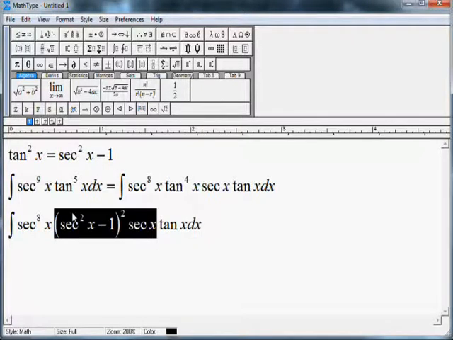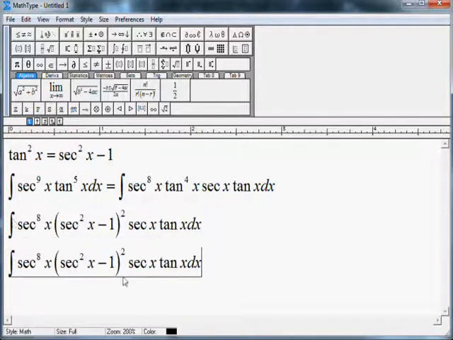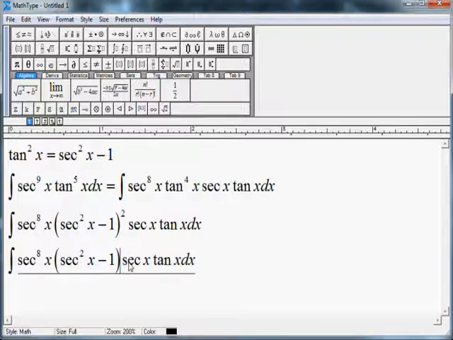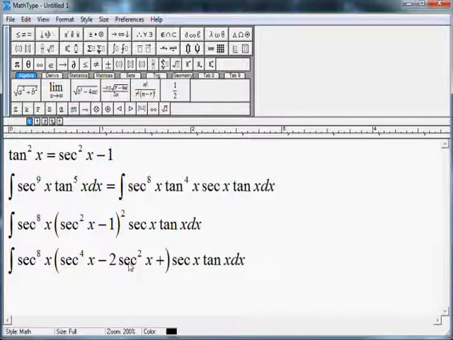Now, from here, you expand this. That's going to be secant to the 4th x minus 2 secant squared x plus 1, times secant tangent.